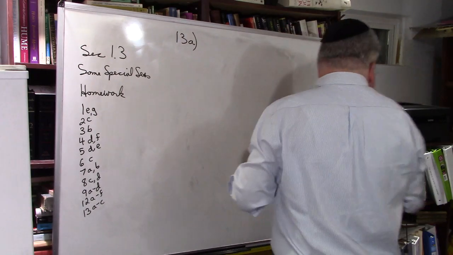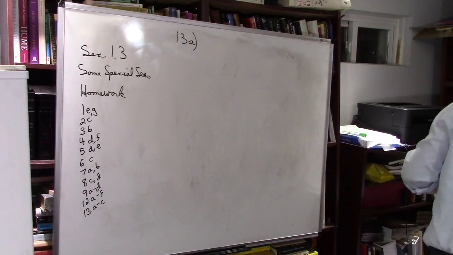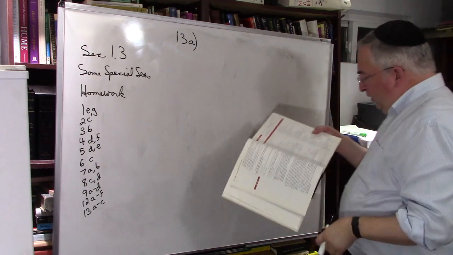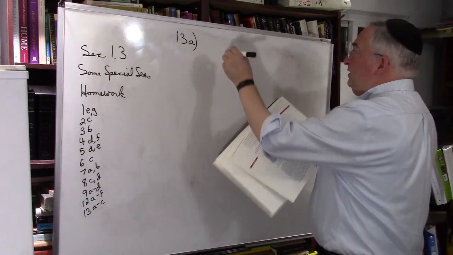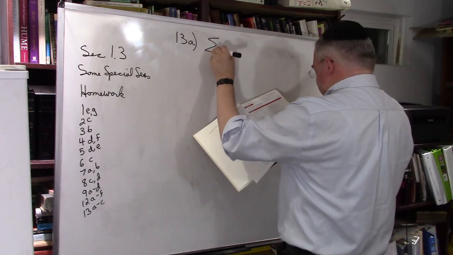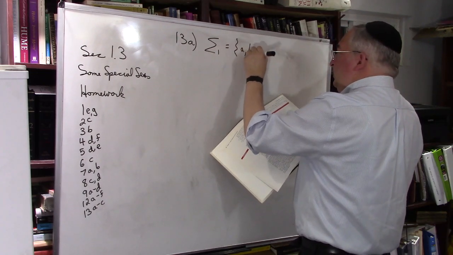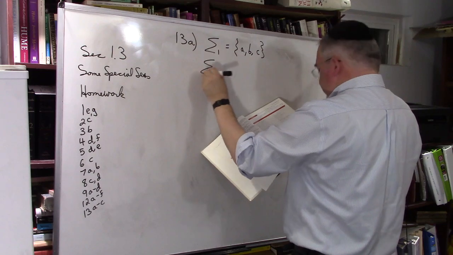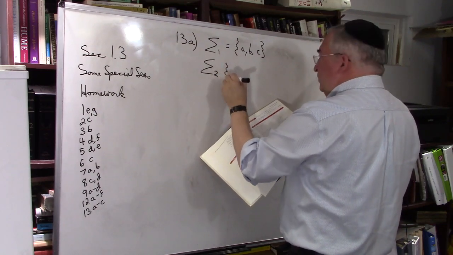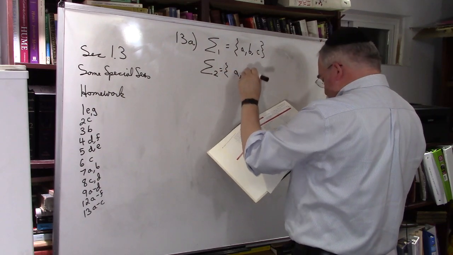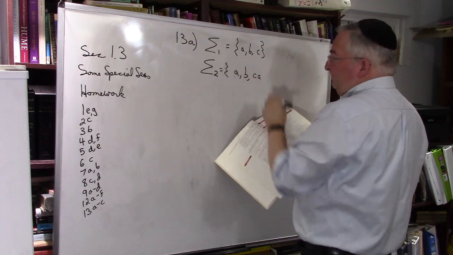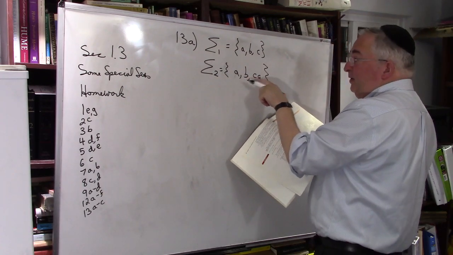Let's do this. They give you 3 alphabets. Sigma 1 is equal to {A, B, C}. Sigma 2 is equal to {A, B, CA}. That is a symbol.